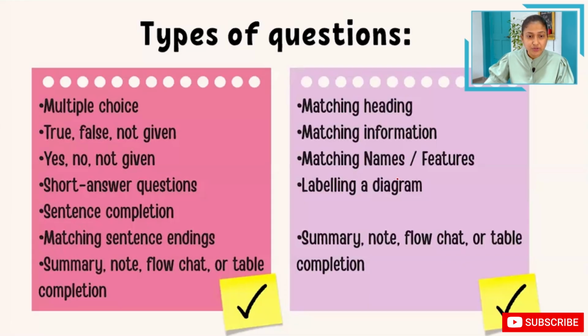So, do you see here we have types of questions, few written on one side and few on the other, correct? Now, the sample reading test that we solved just now had 3 sets of questions, and look at this. The questions were, number 1, true, false, not given. Number 2, sentence completion.